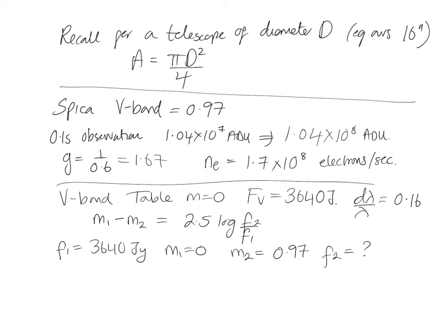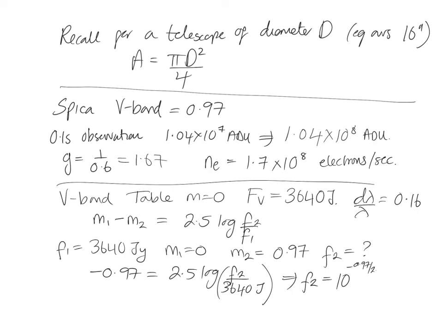So if we put that all into the equation, we get minus 0.97 is 2.5 log F2 divided by 3640 Janskis. Rearrange it, and we get F2 ends up being equal to 10 to the minus 0.97 over 2.5 times 3640 Janskis. I always like to do this step at a time. So this ends up being 0.41 times 3640 Janskis, or otherwise known as 1490 Janskis.